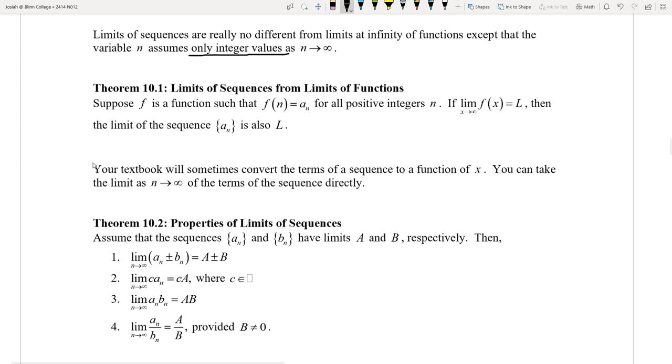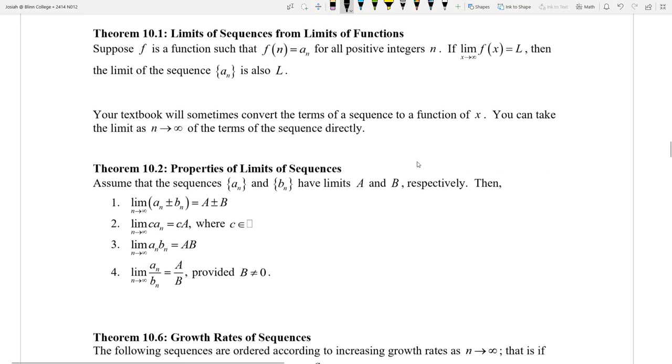All right. So we have then our first of our many properties theorems. We're going to have several of those this semester. If we have 2 sequences, a sub n approaching a, b sub n approaching b, then we have these situations. We have additivity. If we're adding or subtracting the sequences themselves, we can add or subtract the limits. We have constant multiple rule.